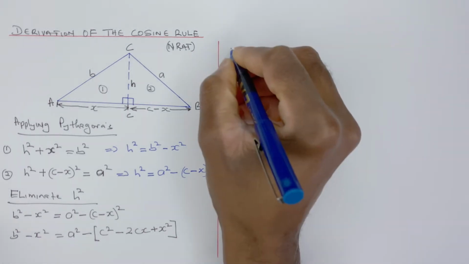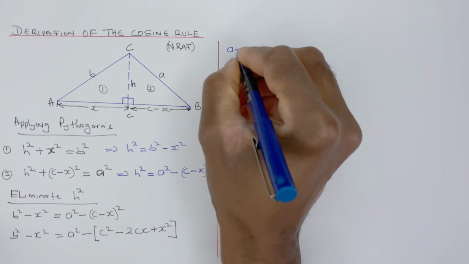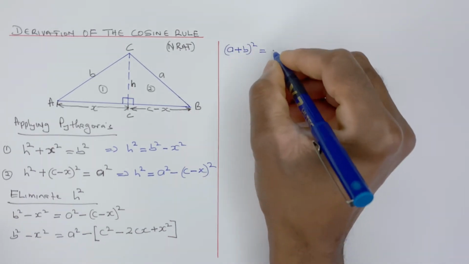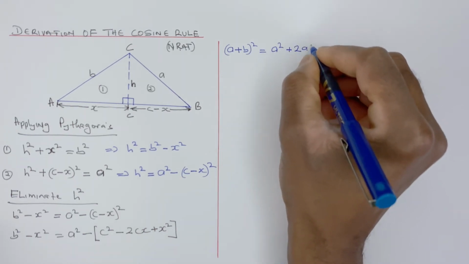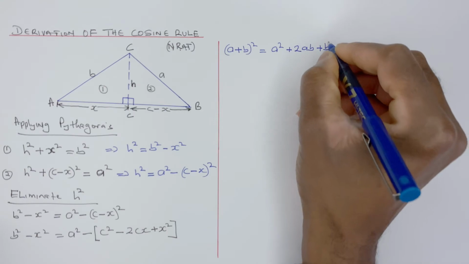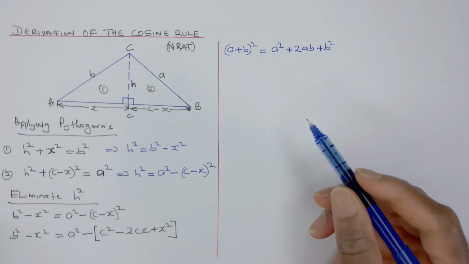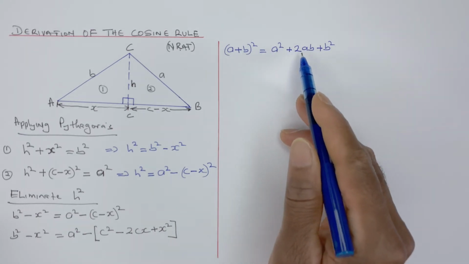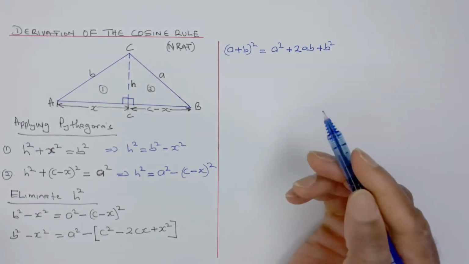If you're not sure what I've done in the expansion, I can explain that. If I have a plus b all squared, the expansion is a squared plus 2ab plus b squared. That's the binomial expansion, with the numbers 1, 2, 1 from Pascal's triangle.